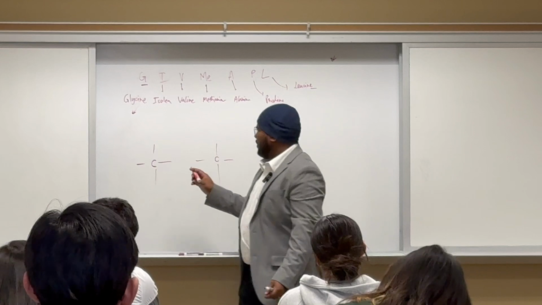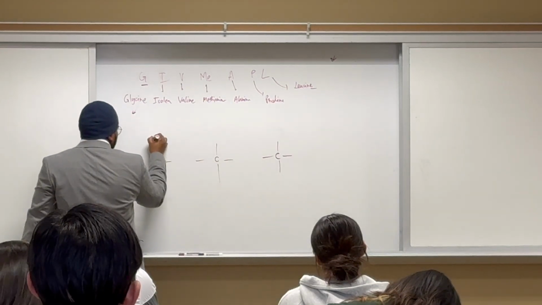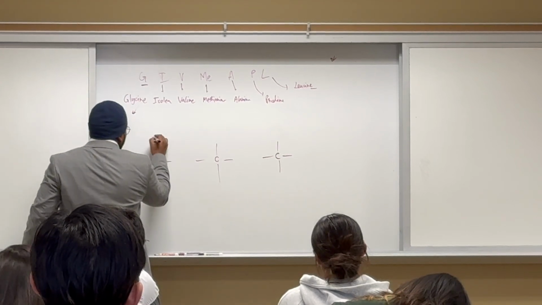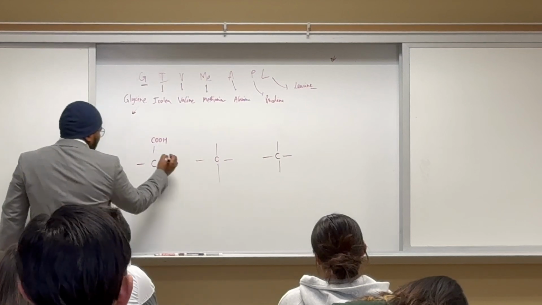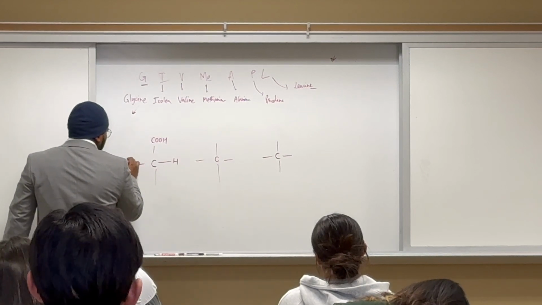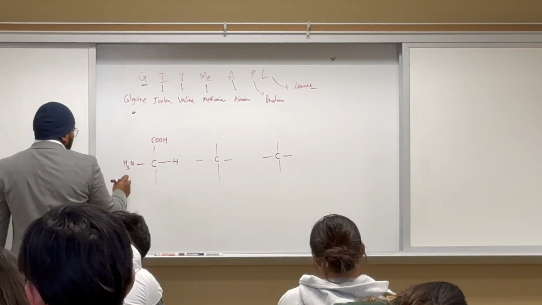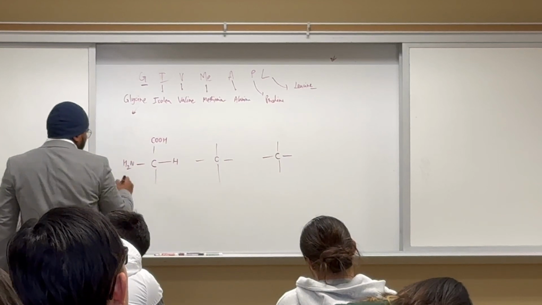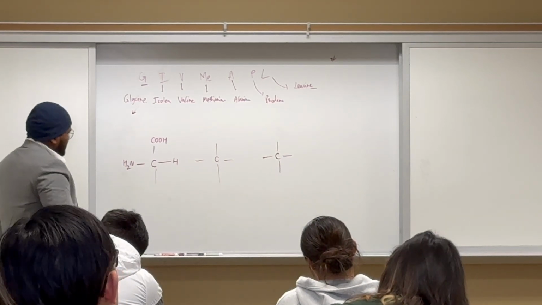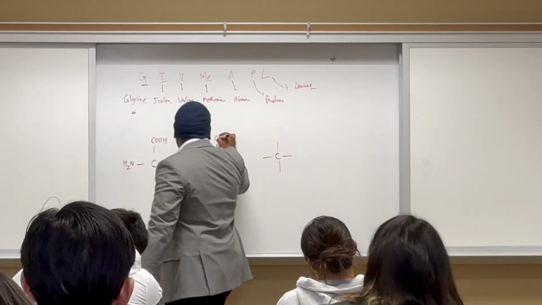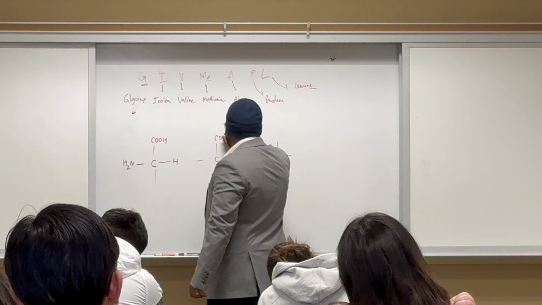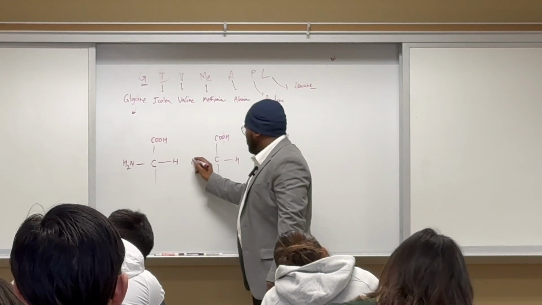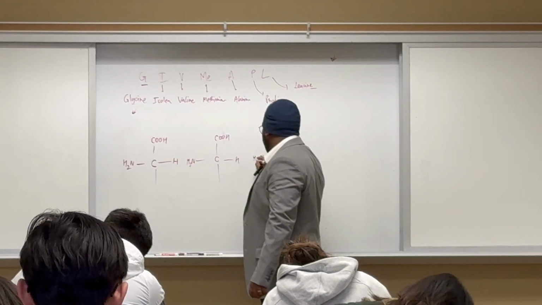The common ones are a carboxyl group, a hydrogen, and an NH3, or NH2 if not ionized. Everything is common except the R group. Let's draw everything, you have to draw with me. That's how you remember things.